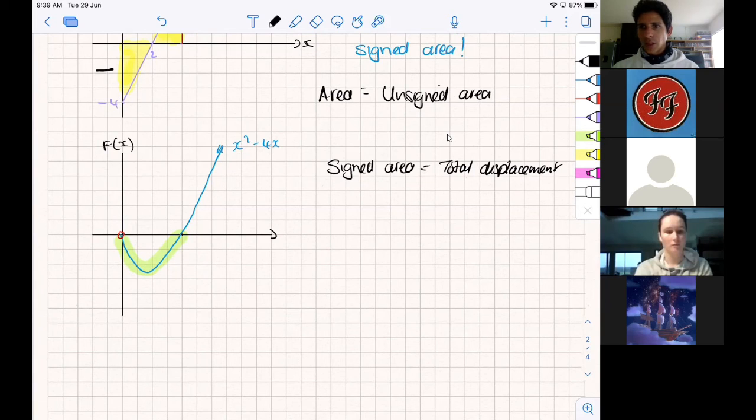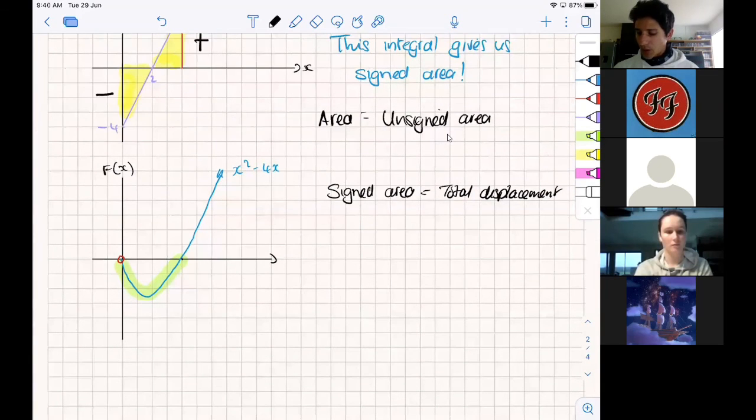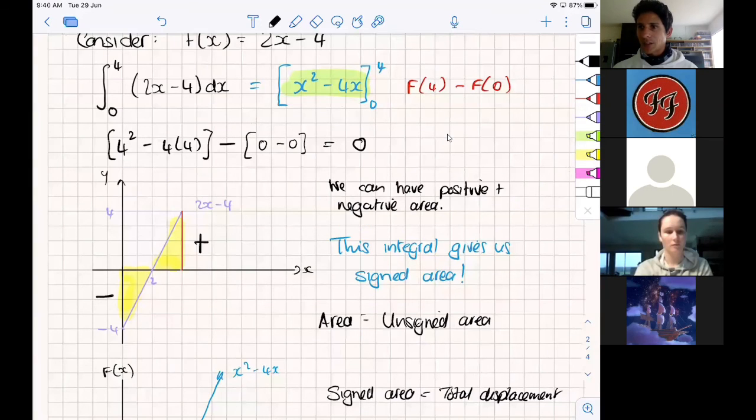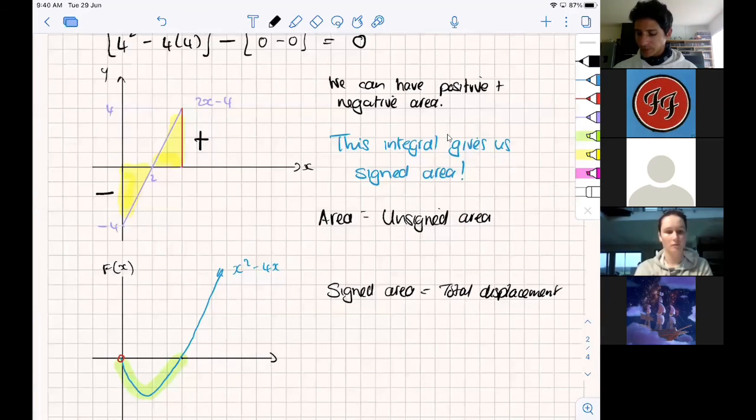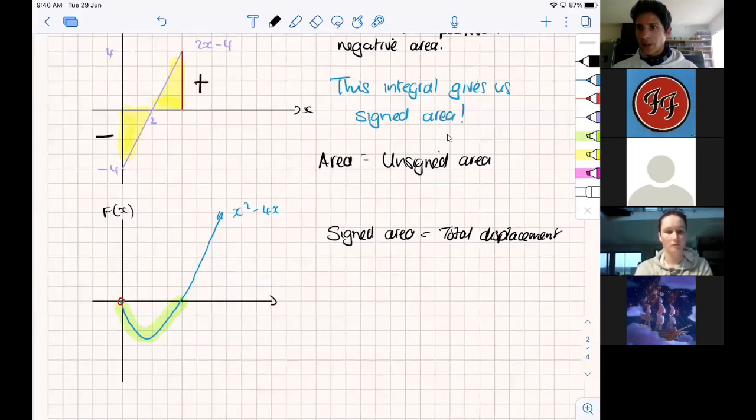So this total displacement, or this signed area, in other words, the way we did it first, gave us our total displacement: how far away I am after 4 seconds or 4 minutes. What is the area going to give us? Kiana, can you take a guess?